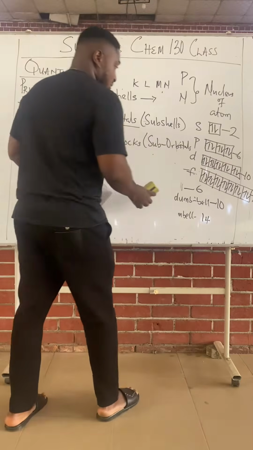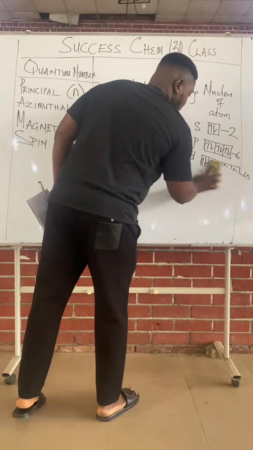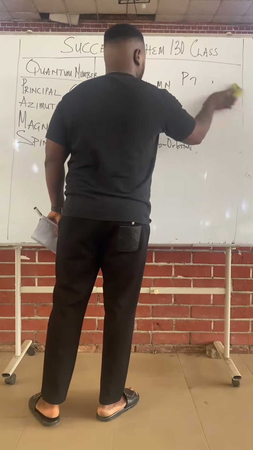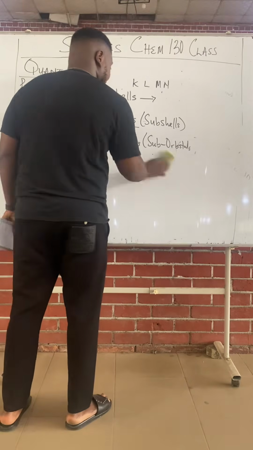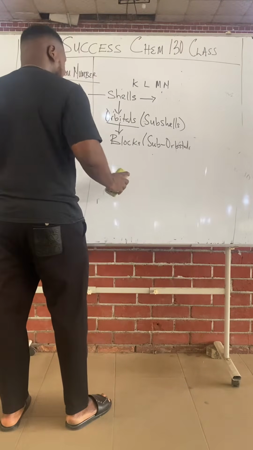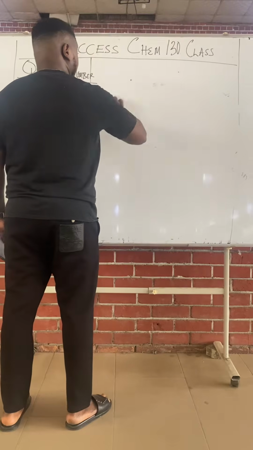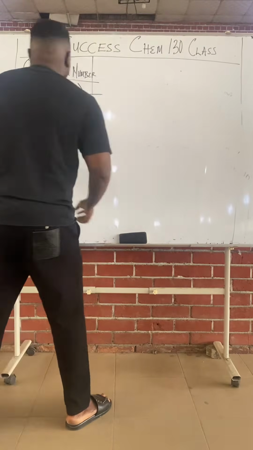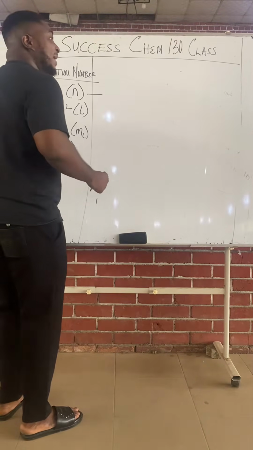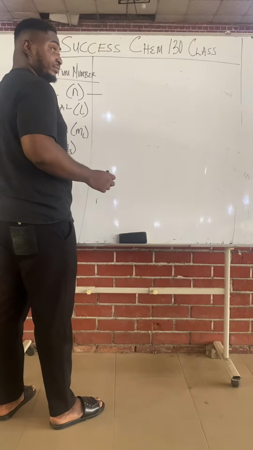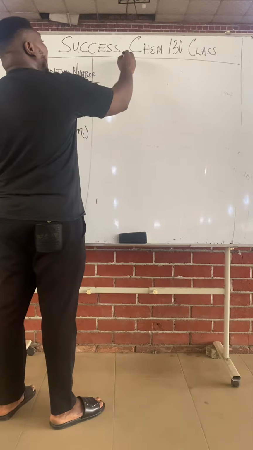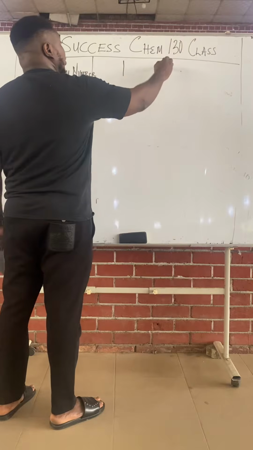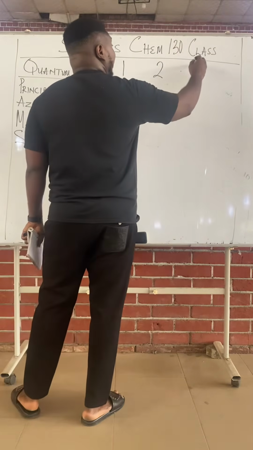Class, we said the principal quantum number tells us the number of shell. I explained that 1 means first shell, 2 means second, 3 means third.